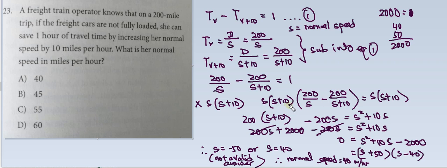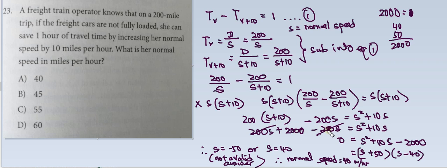Whatever you do on the left side, which in this case you multiply by S bracket S plus 10, you have to multiply the same thing on the right hand side of the equal sign, which is 1. This one, if you expand, you get S squared plus 10S. On the left side, you get 200S plus 2000, which is 200 times whatever is inside the bracket.